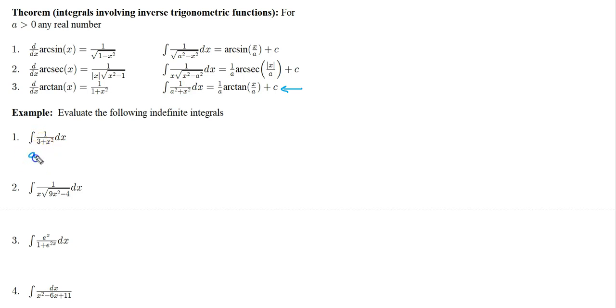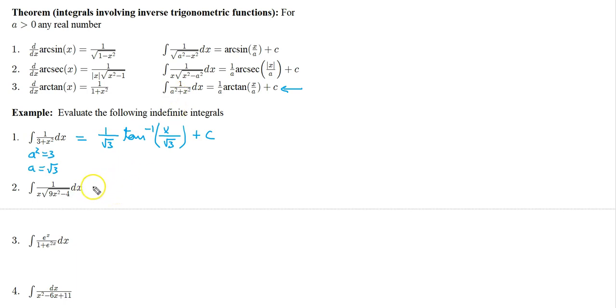So in this case, our a squared is 3, matching these up, in which case a is the square root of 3. And so all we have to do is follow the formula right here now. And so this is going to be, and there you go. That's all we had to do for that one. Just match up the 3 with the a squared term.